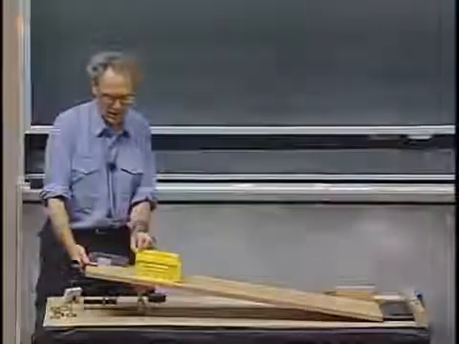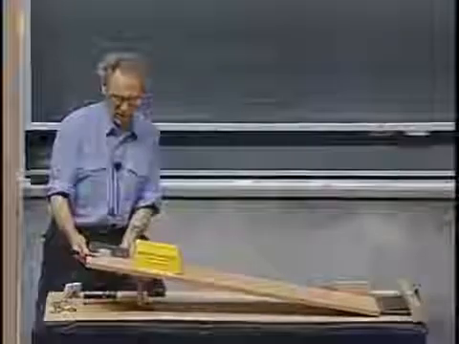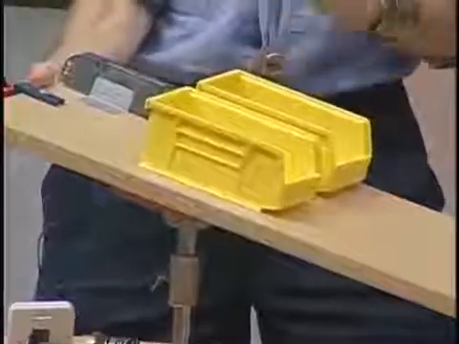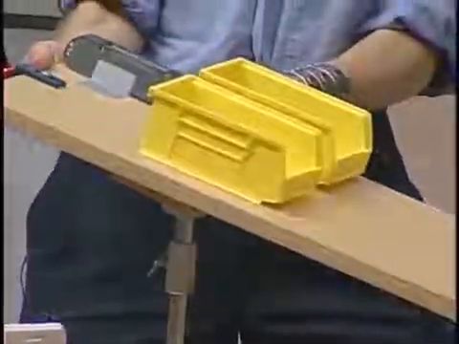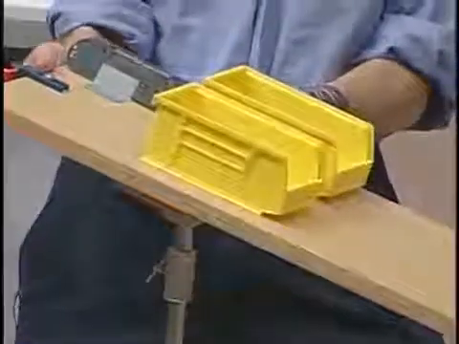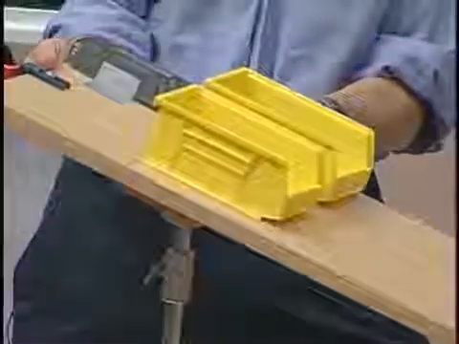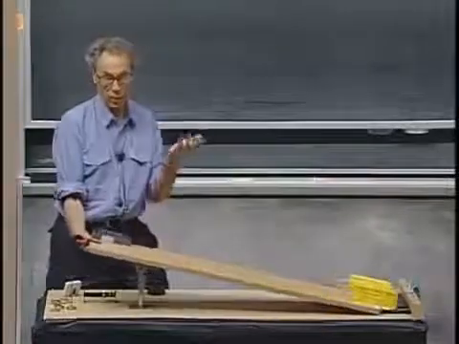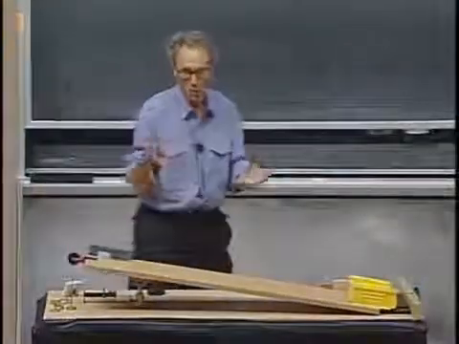So let's try that again, and see how close they are. It may be off by half a degree or 1 degree, of course, because the plank is not uniform everywhere. And now it's 18 degrees, 19 and a half, 20, 20 and a half, 21, and the other one is 21.2. So they almost go at the same time.